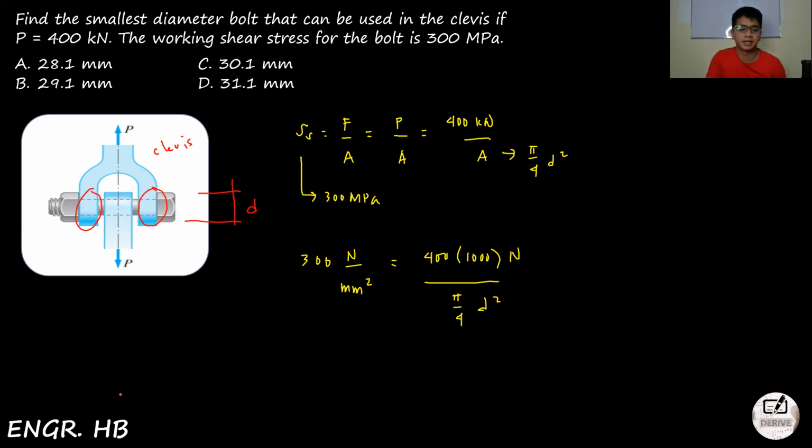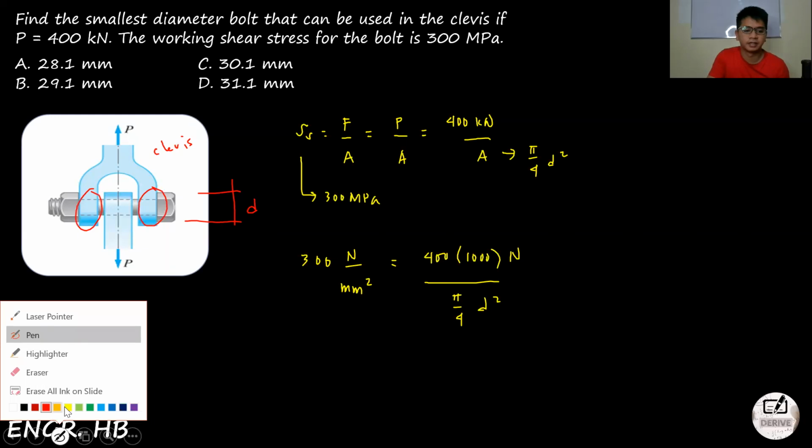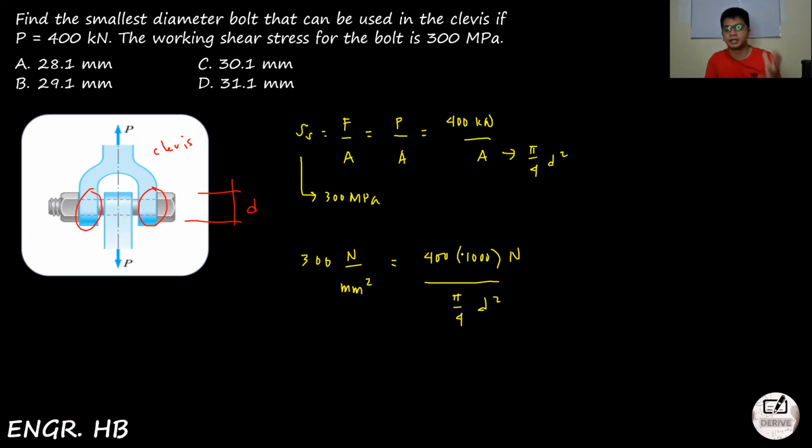So, this will be a double shear problem. Ibig sabihin, dalawang area yung nagsasuffer ng shear stress na yan or sumasalo ng force, and it is a double shear area. So, maglalagay ka dyan ng 2. Okay, gets? Sabihin, makukuha na natin yung diameter.